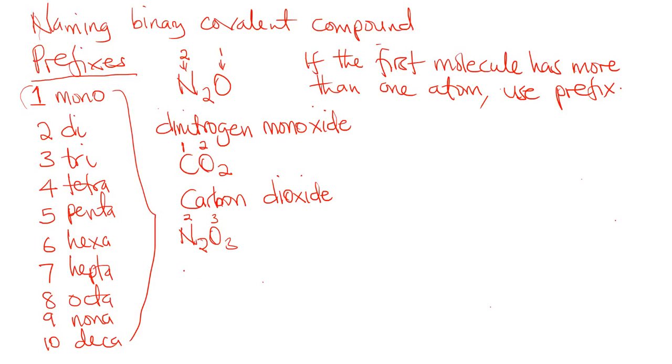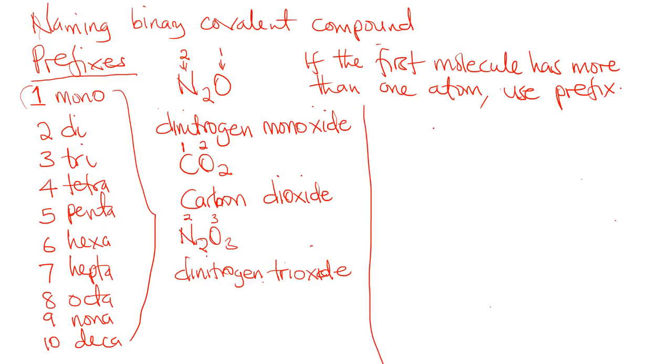So definitely this one will be dinitrogen, telling us that we have 2 nitrogen, but we have 3 oxygens. So 3 goes with tri. So dinitrogen trioxide. That tells us that we have 3 oxygens and 2 nitrogens.